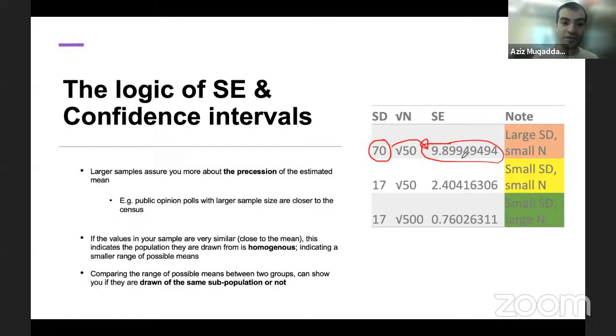So the confidence interval here, if we take two standard errors, will be around 9.9 plus 9.9, which is huge, right? So your confidence interval would be very, very far apart. If you have a small standard deviation and a small sample, yes, the sample is more cohesive, so the results are close to each other, but the sample size is still small.